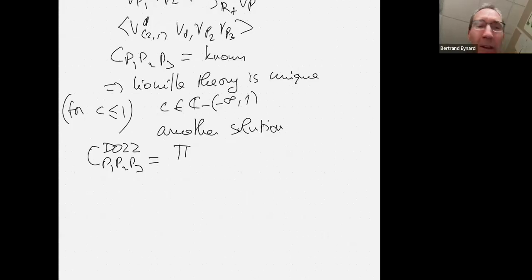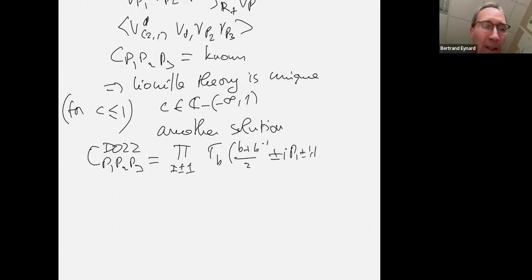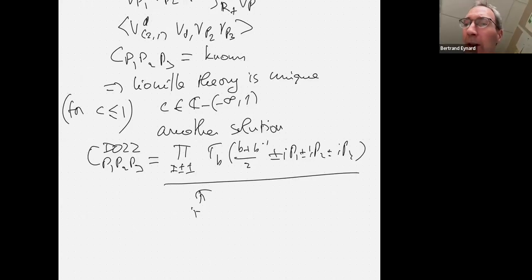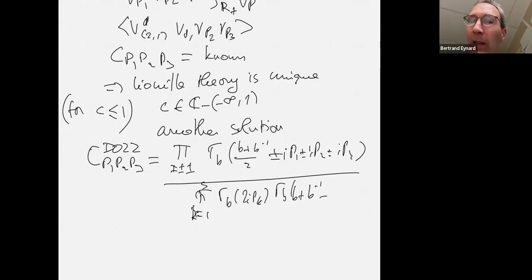So here I'm introducing a small b, and it's gamma b of b plus b inverse over 2 plus minus iP1 plus minus iP2 plus minus iP3, over the product for k equals 1 to 3 of gamma b of 2 iPk, sorry, it's a k here, the index, and gamma b of b plus b inverse minus 2 iPk. And b, by definition, is i beta.